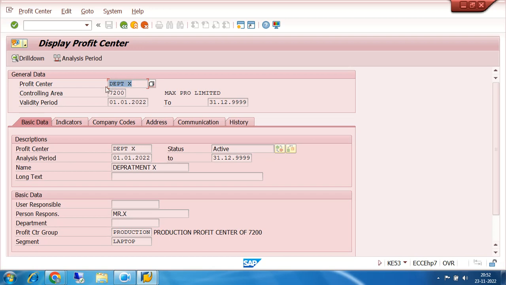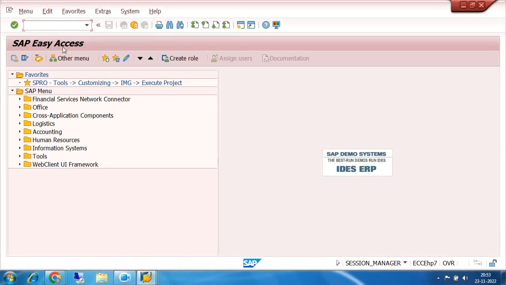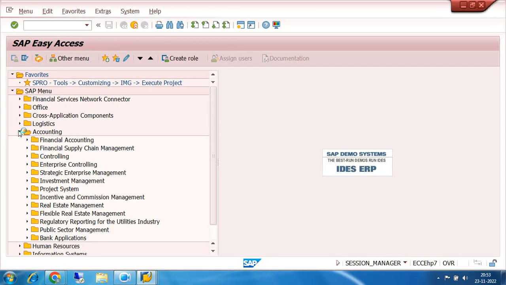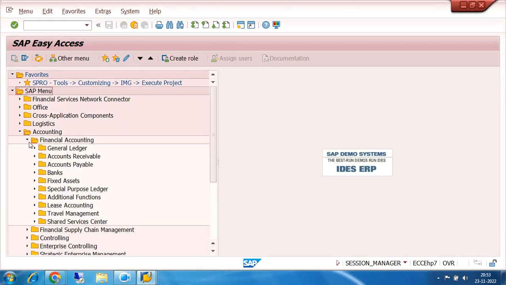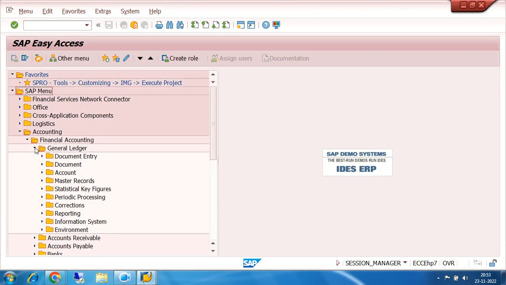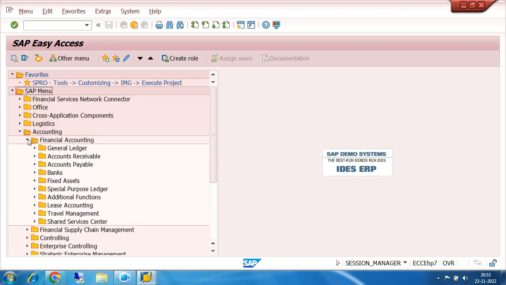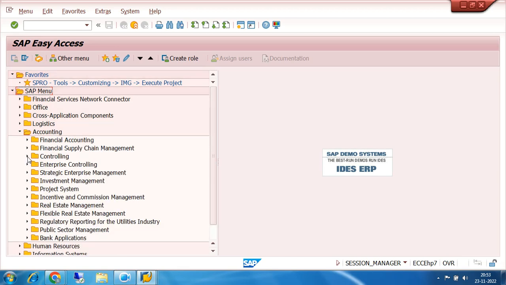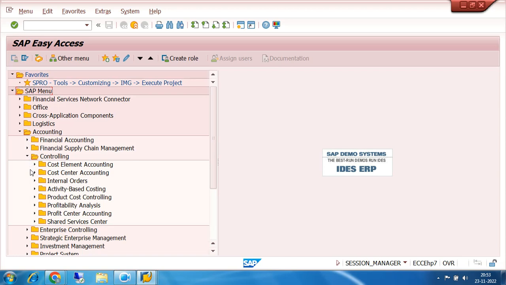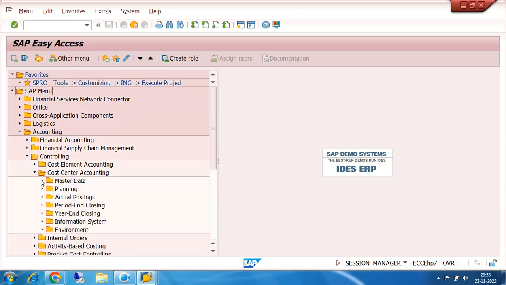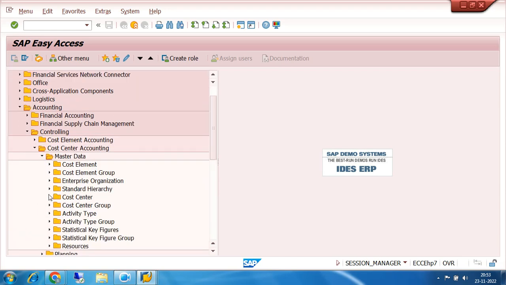In the cost center master data, what I have shown you, every cost center is linked with a profit center, isn't it? So even if for a particular expense account we choose an account assignment object, the cost center for which this expense is incurred, then automatically that expense also hits the respective profit center, right?